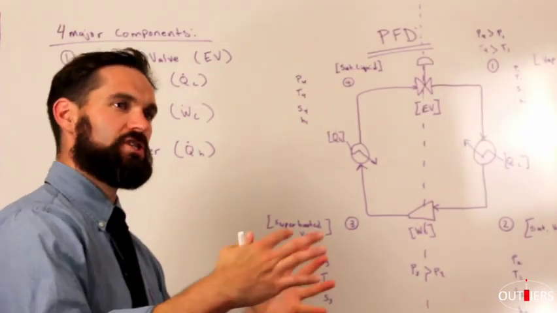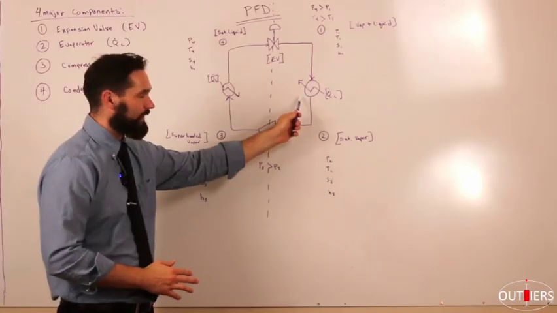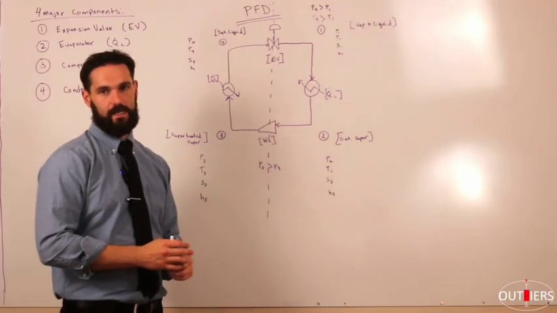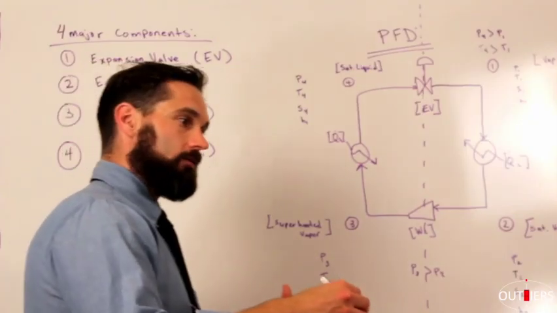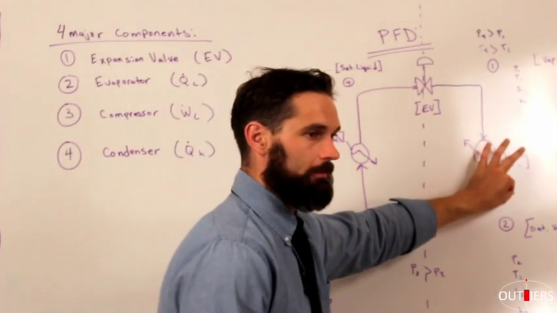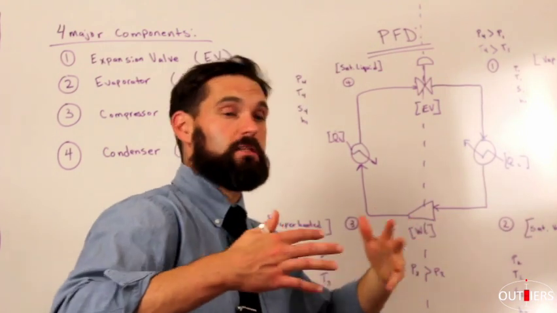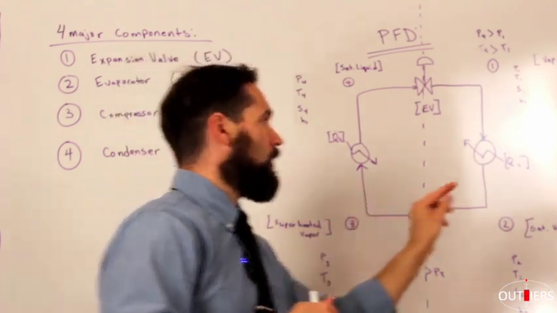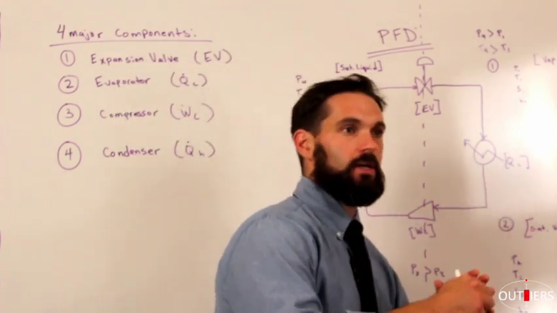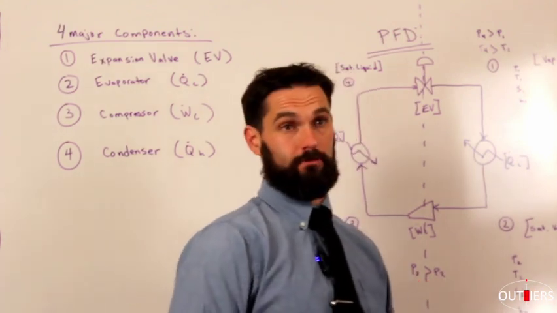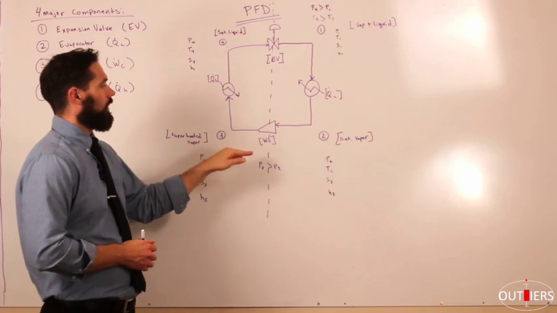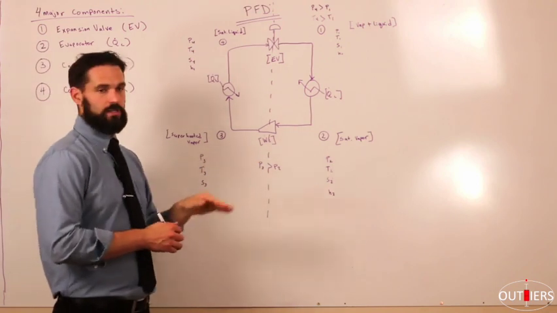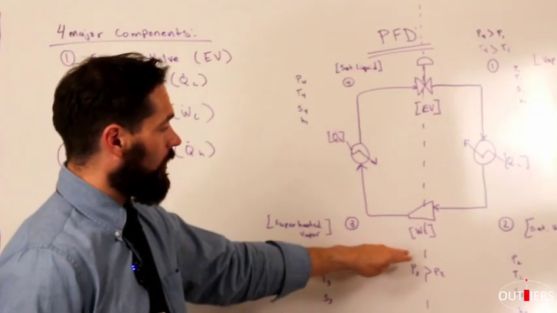It gave us more chilling capacity, more heat removal on this cold side. Let's pretend that we needed this higher cooling capacity to make the reactor run faster, okay? How much energy are we now going to have to input on this compressor?